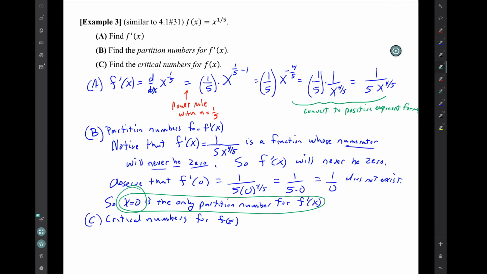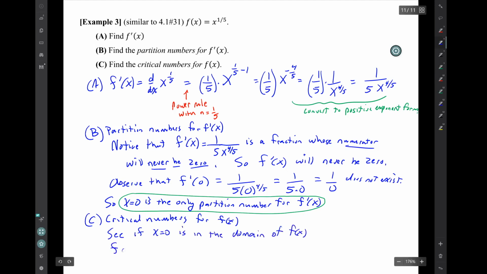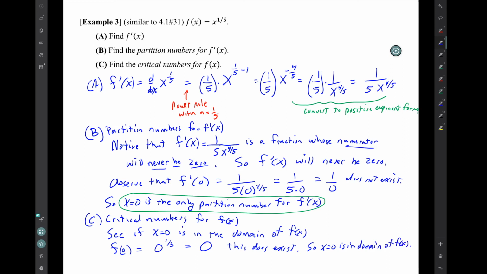We just have to see if that's in the domain of f of x. So f of 0 is just the number 0. That does exist. So that means that x equals 0 is in the domain. So x equals 0 is a critical number for f of x.